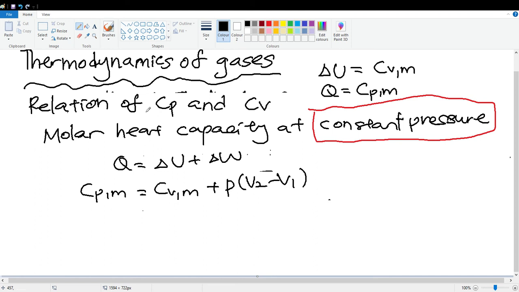So the increase in internal energy is Cvm, as for the heat supply it is Cpm. Let's continue. So this is Cvm.